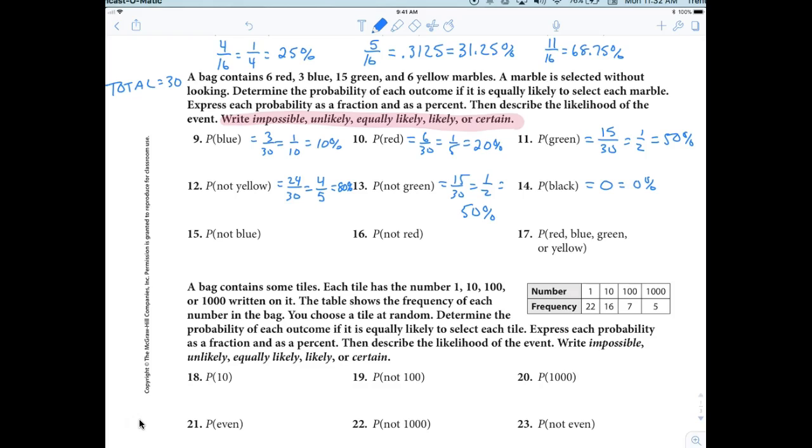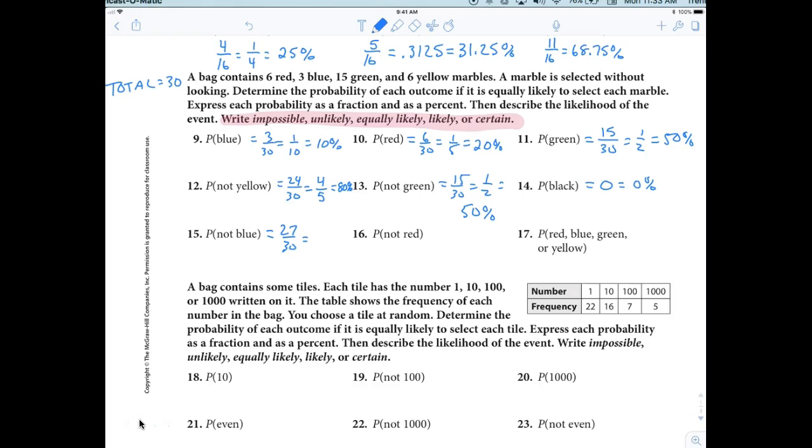Probability of not blue. So there would be, that's right, 27 out of 30, which would be, well, how do I reduce that? 3?